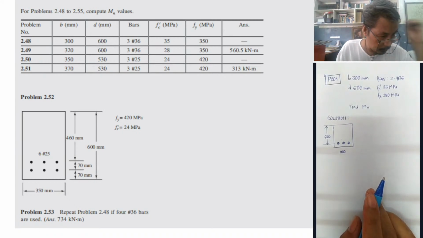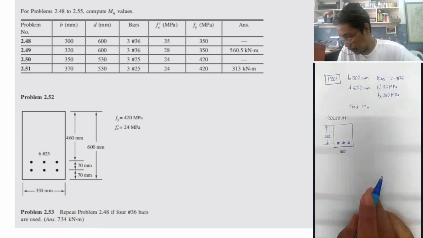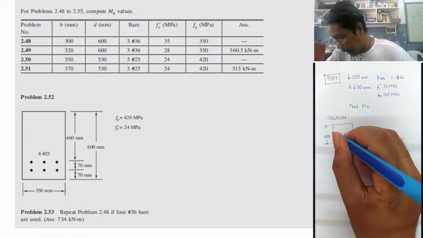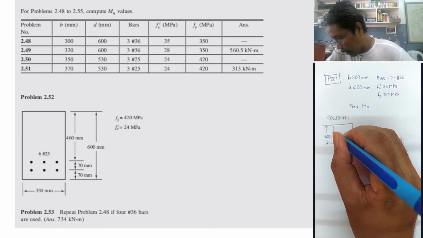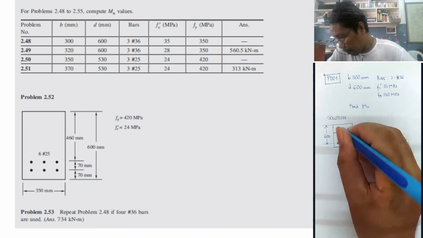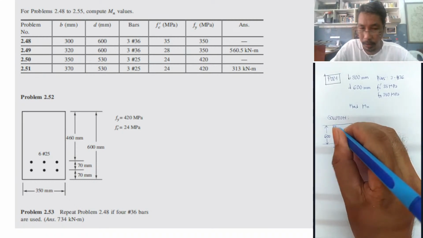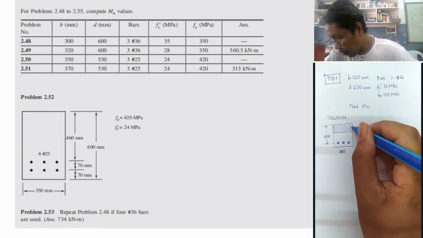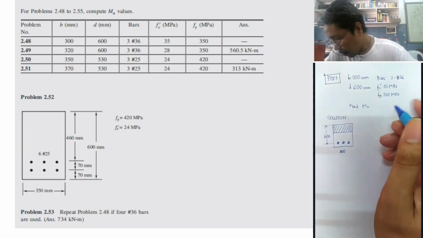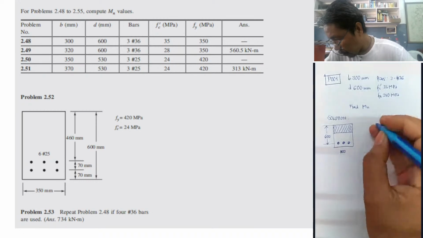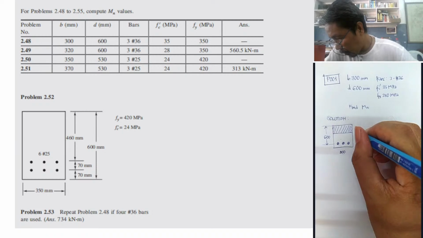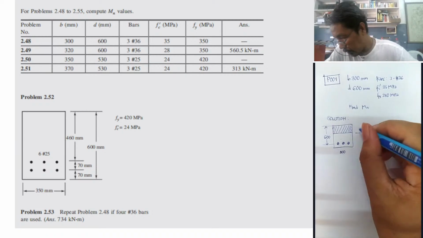Okay, after making this drawing, therefore we have what? We have our crack model. So, meaning to say, this is our dimension a.